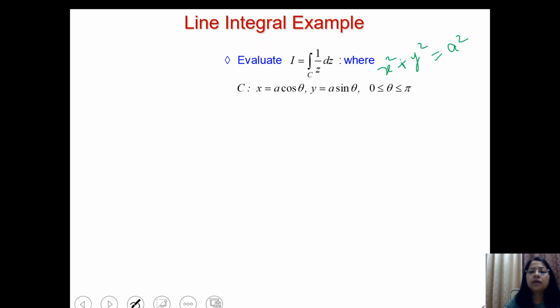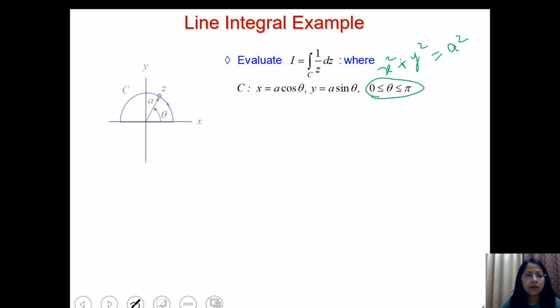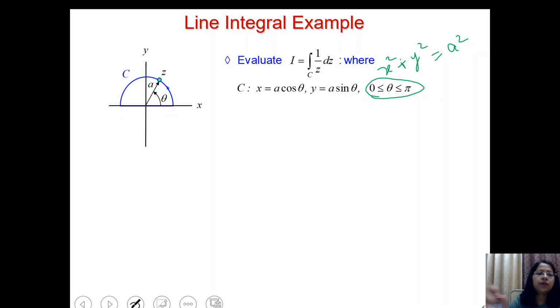Okay, and the limits of theta are given as 0 to pi. That means the upper half portion is our C. Okay, so that is the closed contour C. Here you can notice this, right? So theta is varying from here to here, of course 0 to pi, and if we talk about the limit of x, that is varying from a to minus a, right?